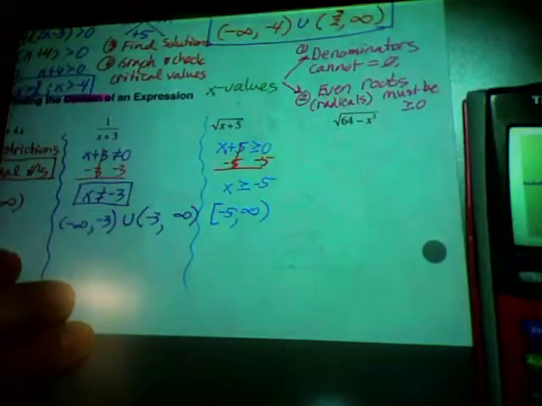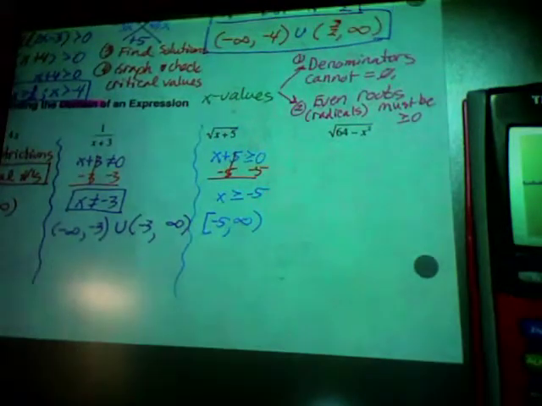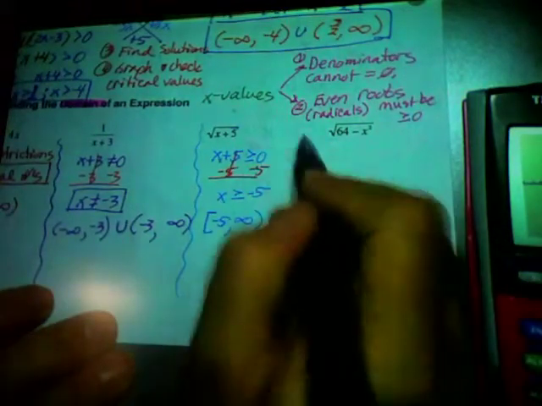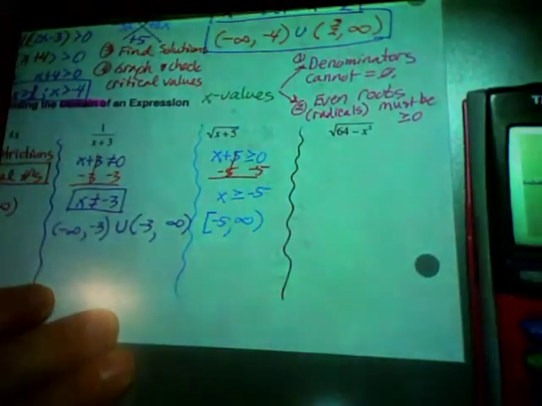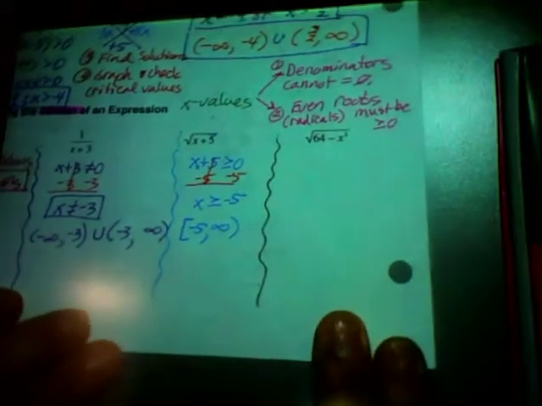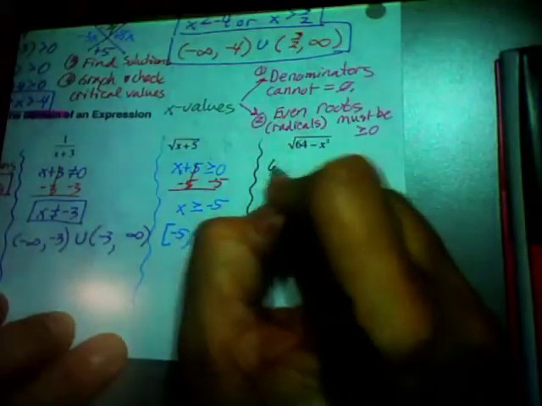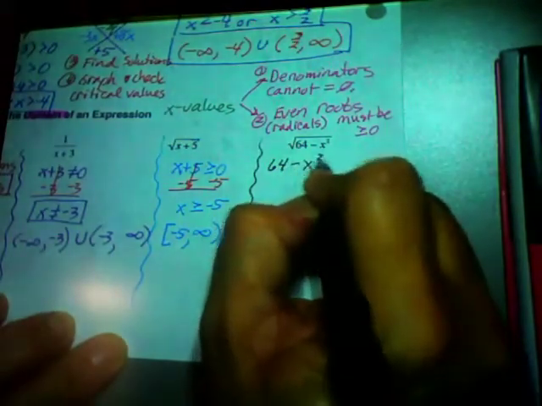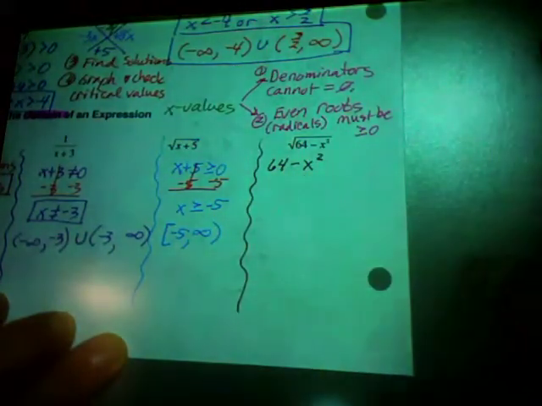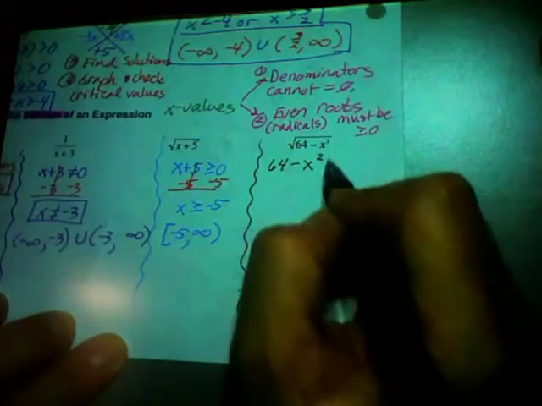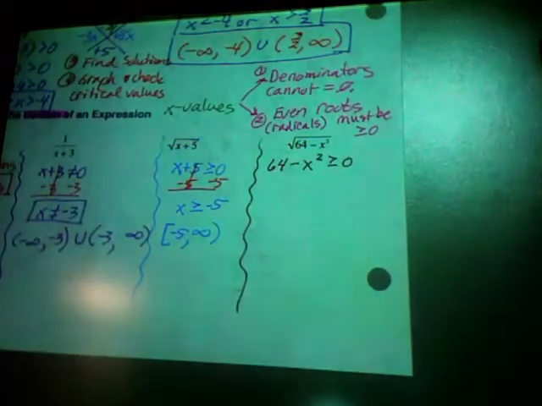And then the last one you should be able to do on your own. But with an x squared in there, what do you anticipate? You should have two answers. So 64 minus x squared, what are you going to set it to? Greater than or equal to 0.